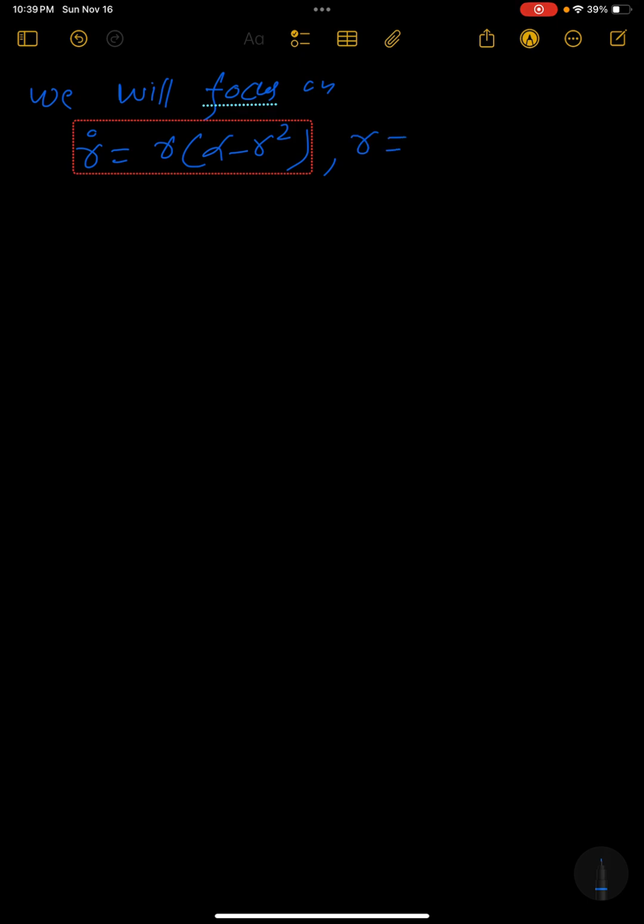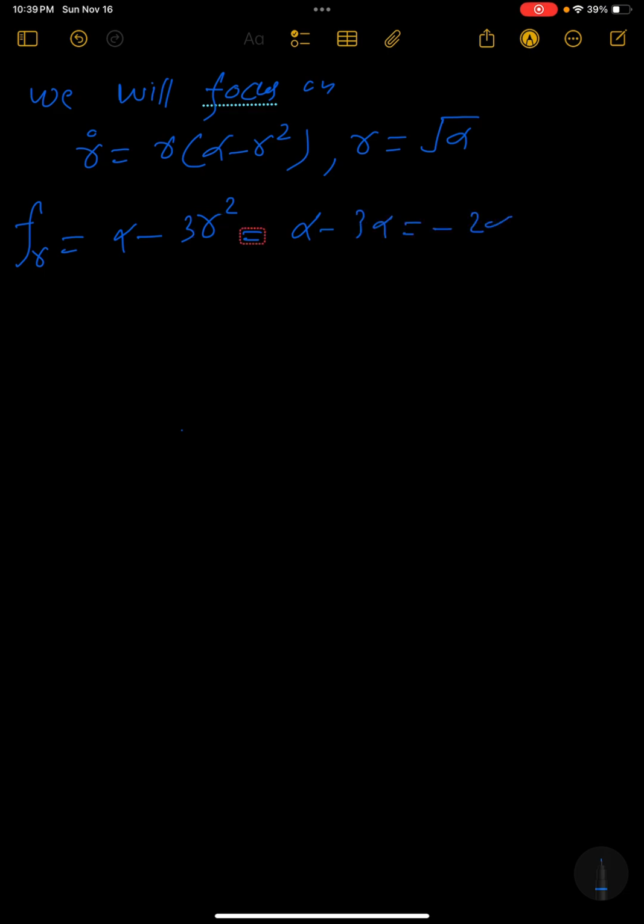Surely r equal to square root of alpha is an equilibrium point of the system. So to discuss the stability, f prime of r is alpha minus 3r square, which is alpha minus 3 alpha, that is minus 2 alpha, which is lesser than 0, so stable.